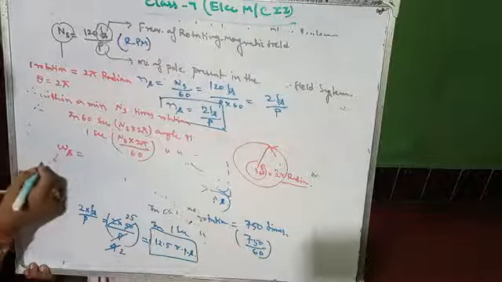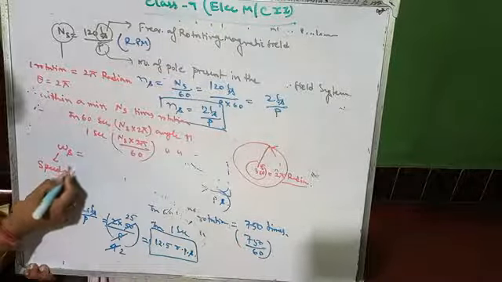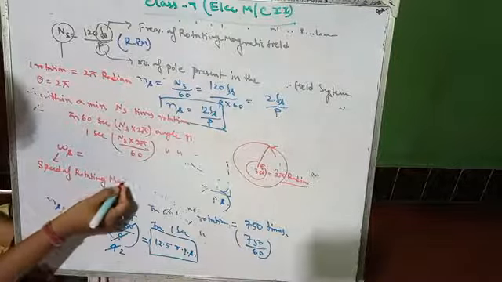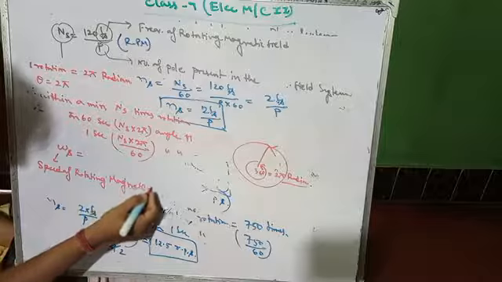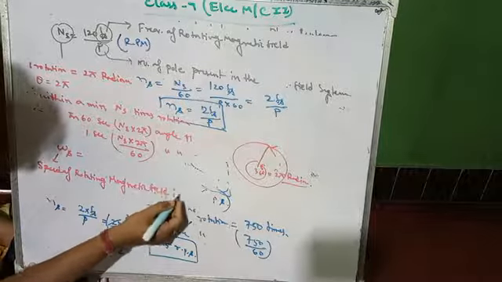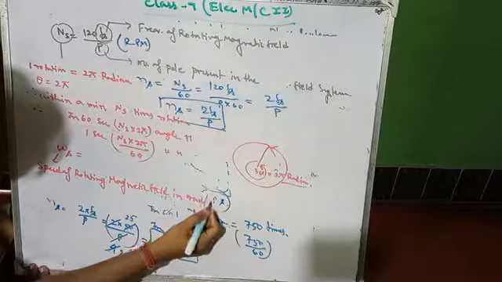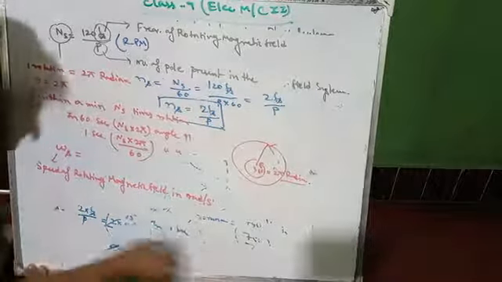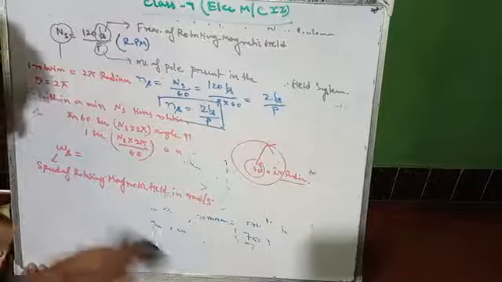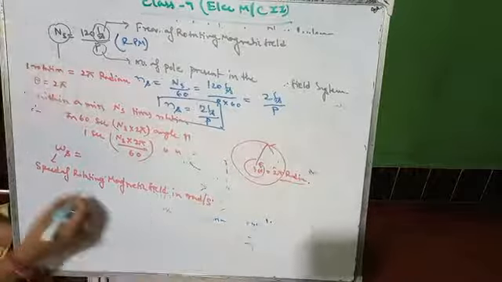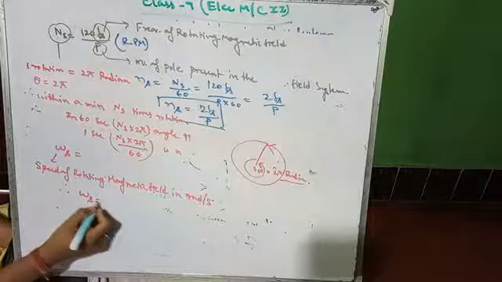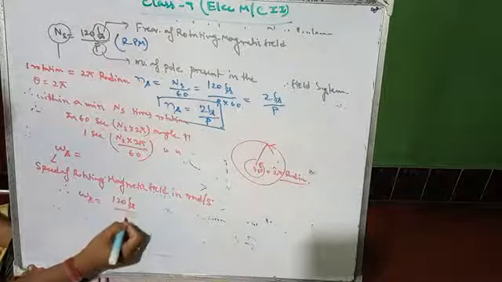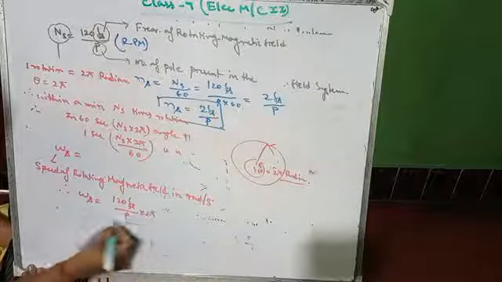This is the speed of the rotating magnetic field in radian per second. So omega s equals ns, which is 120 fs by p, into 2 pi by 60.